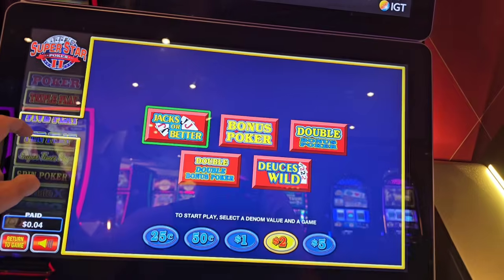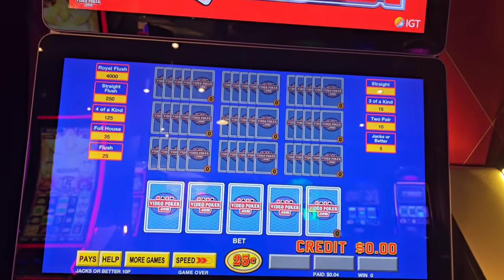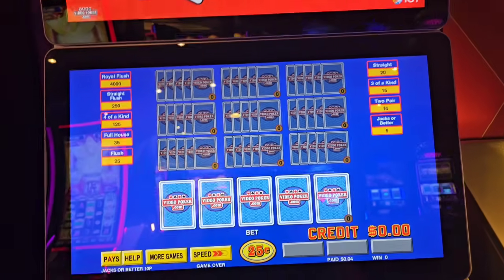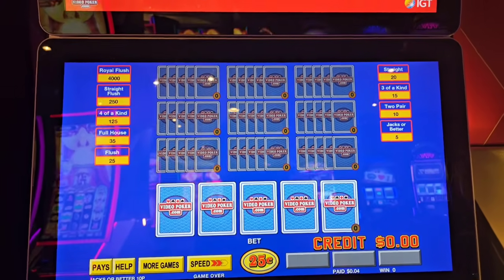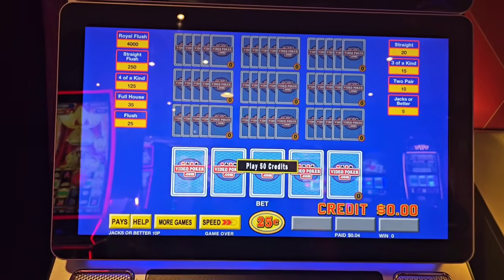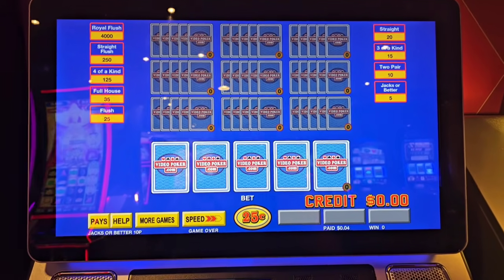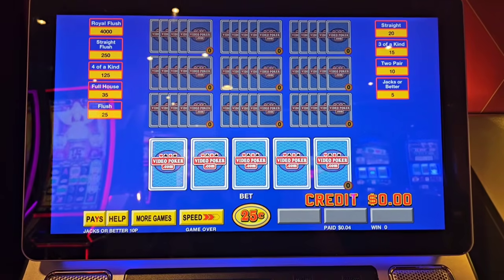Whereas if you shifted to 10 play Jacks or Better, this would be $12.50 a spin, but your money would still last a lot longer playing $12.50 a spin on 10 hands than $10 a spin on a single line, single hand. So there's a little primer for video poker volatility, and the tenets carry through for slot machines as well.